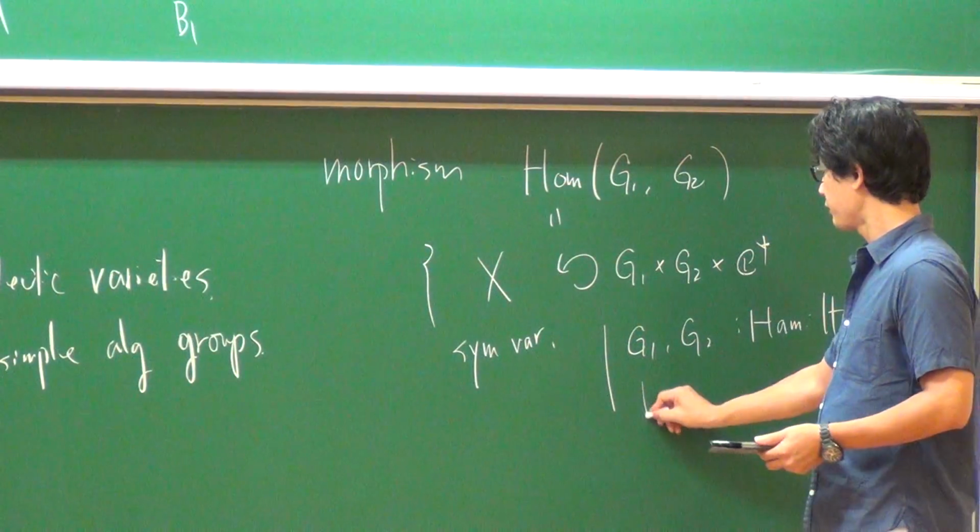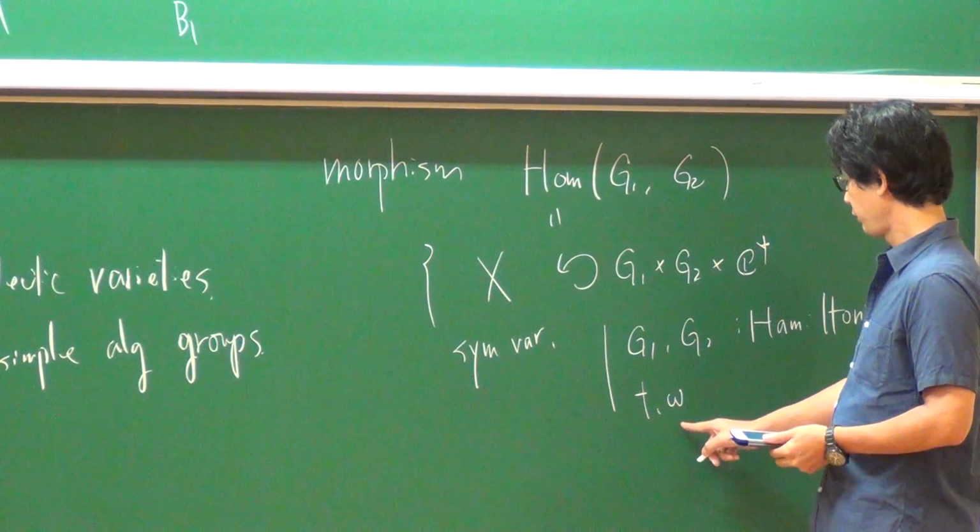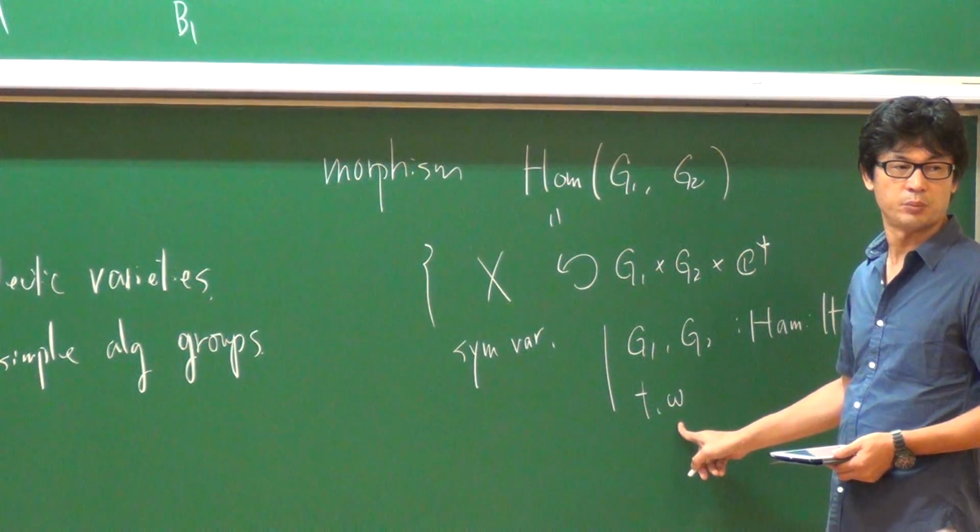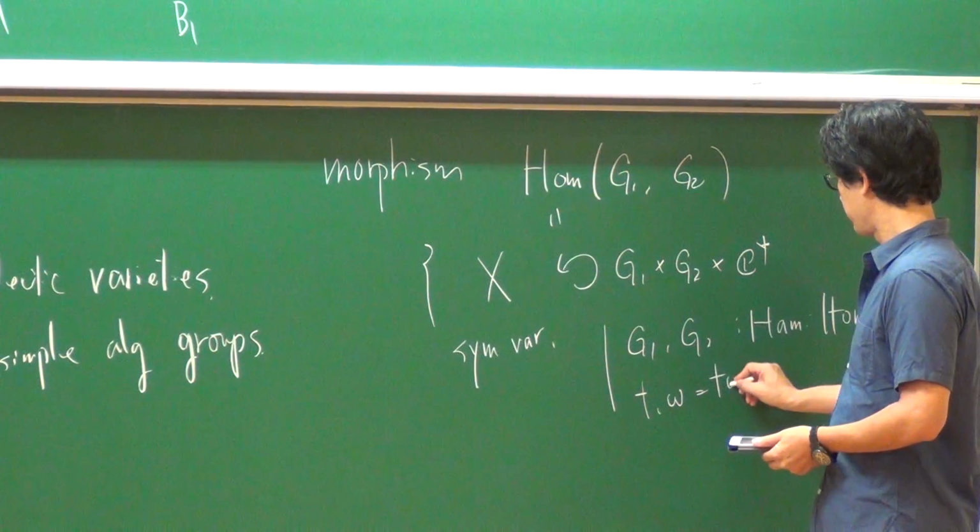And also the action of C star on the symplectic form omega is just multiplication.